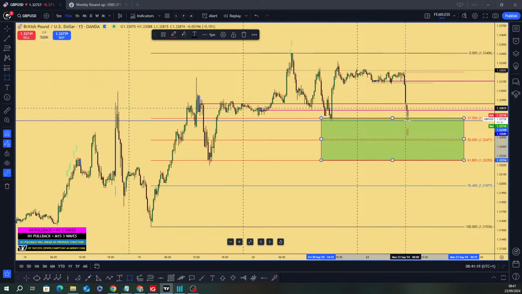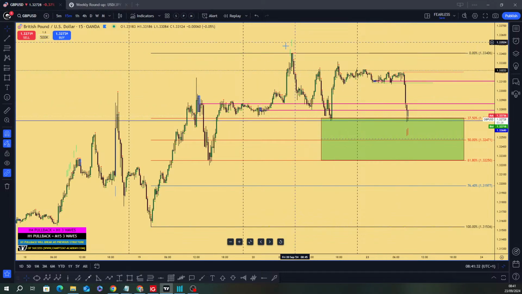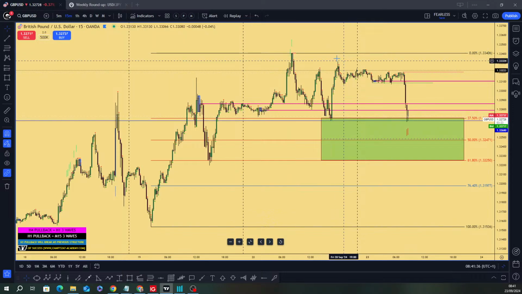This is the second attempt to buy from this area. Sellers are pushing the price into this buy zone. This is a discounting of price. At this high, the price became too high, they discounted it.